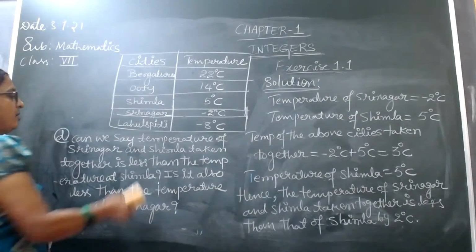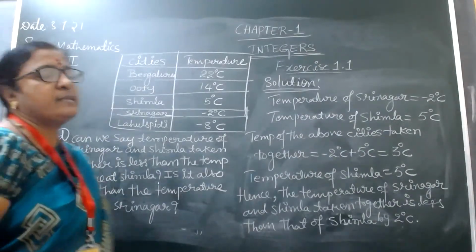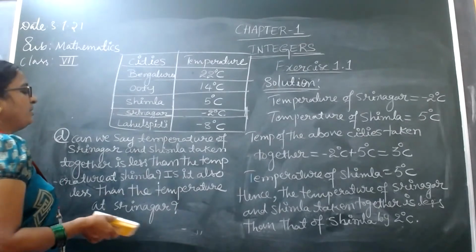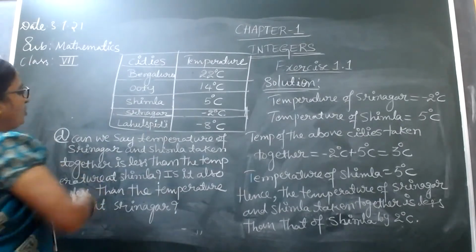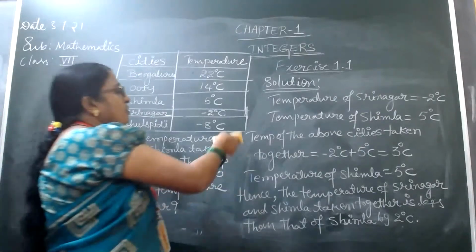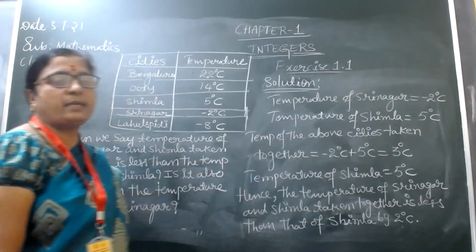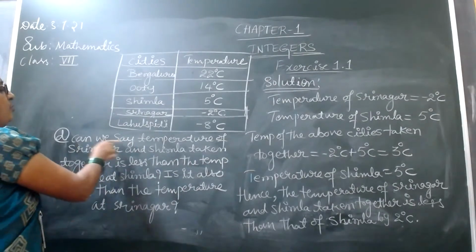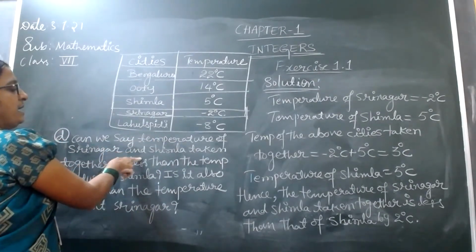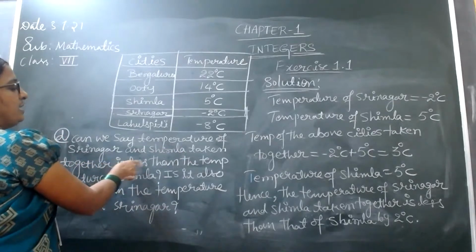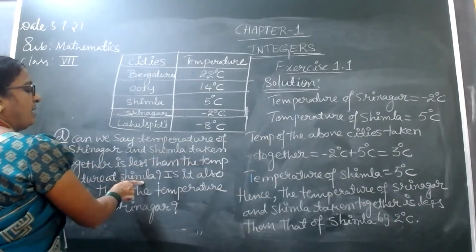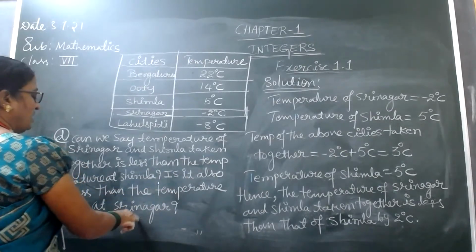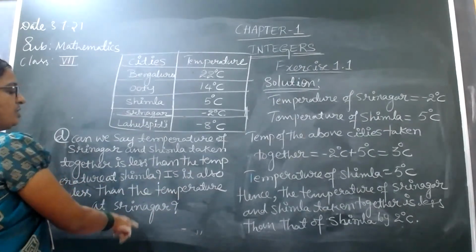Okay, student. Now, in exercise 1.1, we solved the first question. In that, 4 sub questions are there. We solved all 4: A, B, C, D. So the fourth one is, can we say the temperature of Srinagar and Shimla taken together is less than the temperature of Shimla?